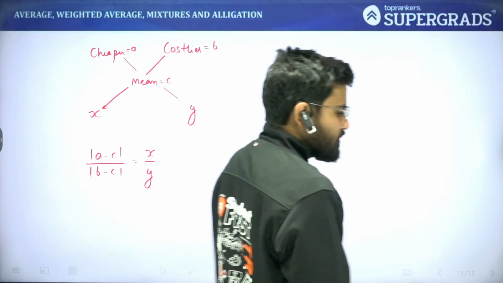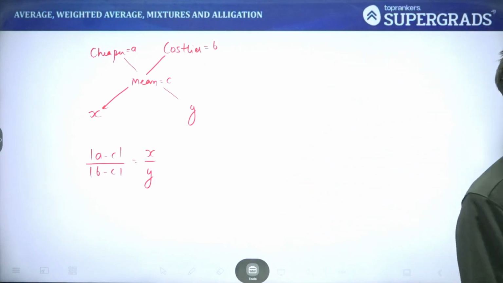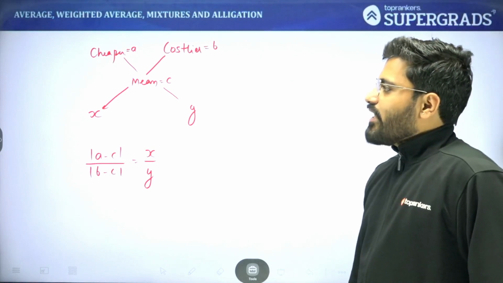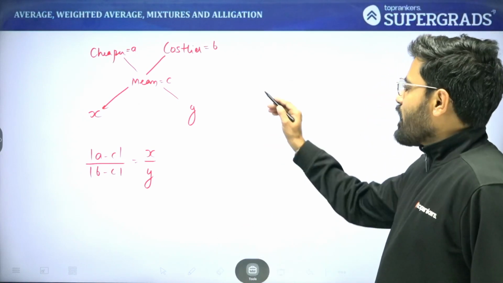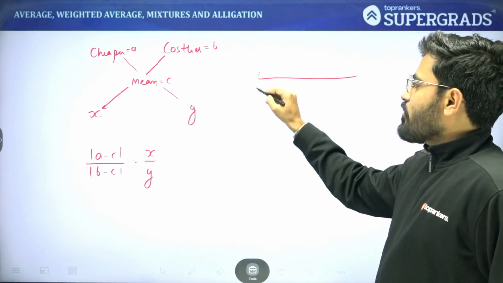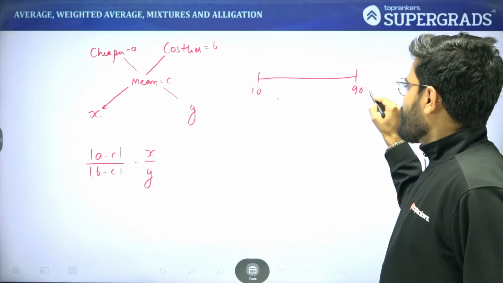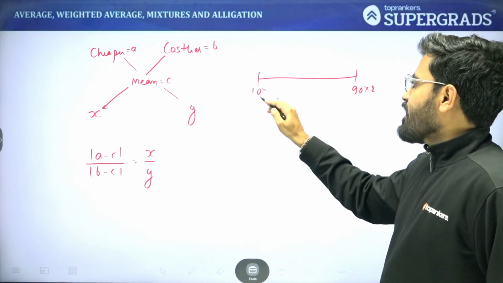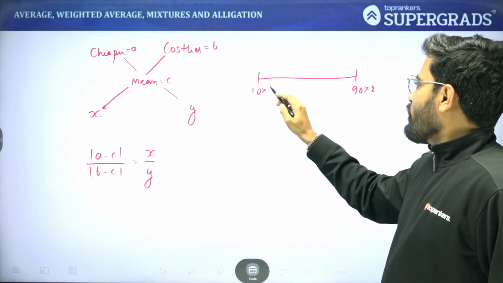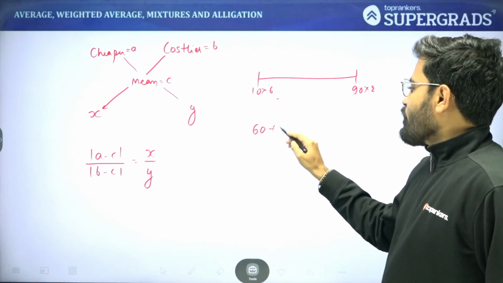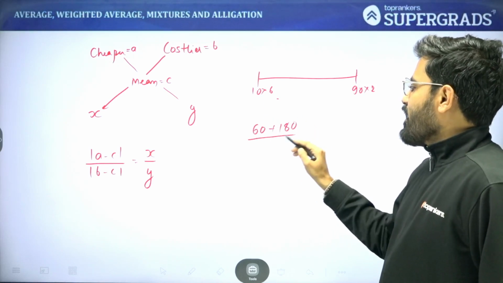How? Because whenever we are solving, whatever has the higher weightage, the mean will shift to that side. Suppose this is a number line, this is 10, this is 90. If this is added twice and this is added, let's say, six times, so this will be how much? 60 plus 180 divided by 8.